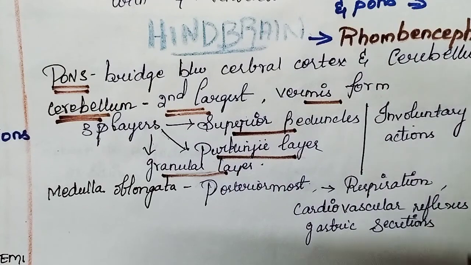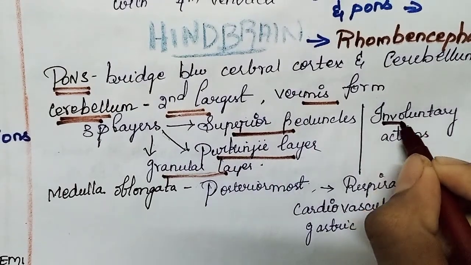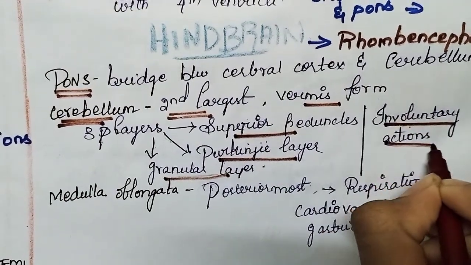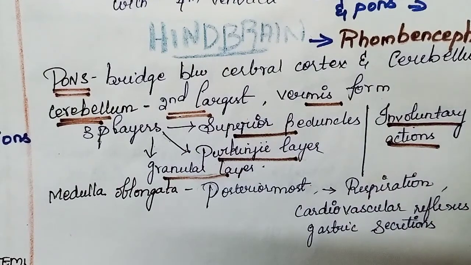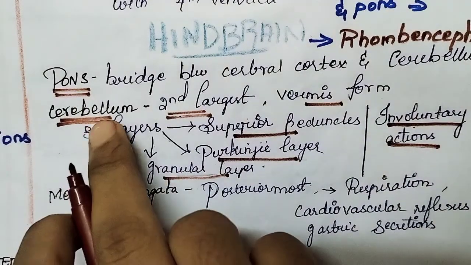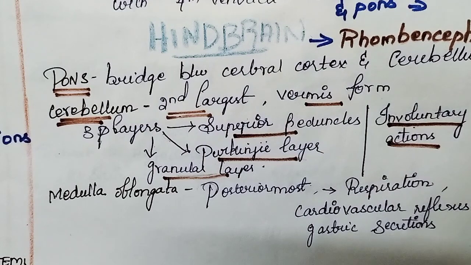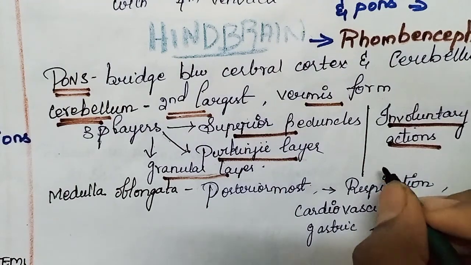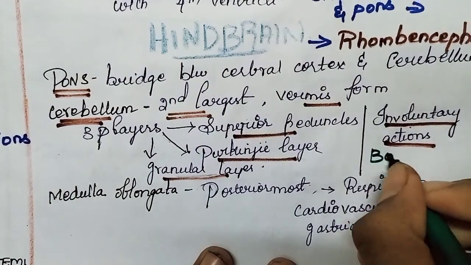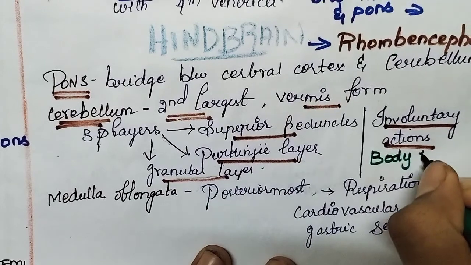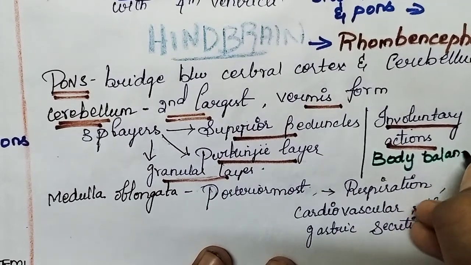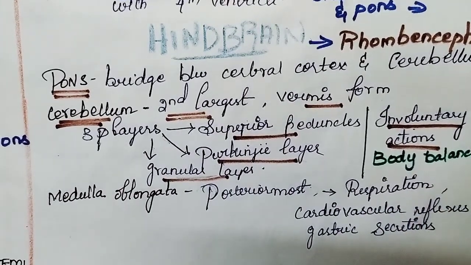The cerebellum mainly acts on involuntary actions, and mainly controls body balance.